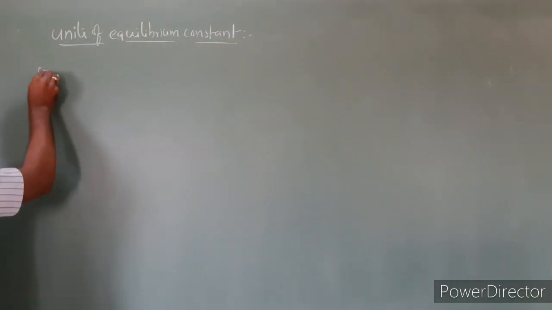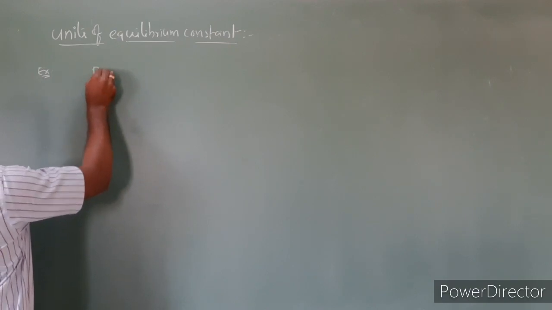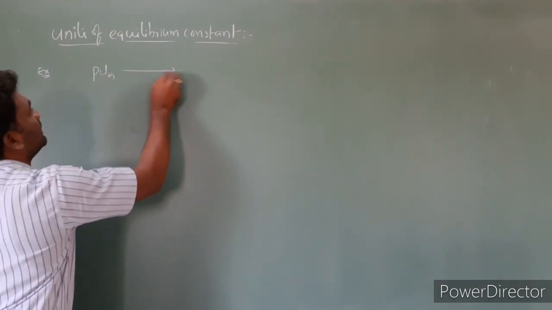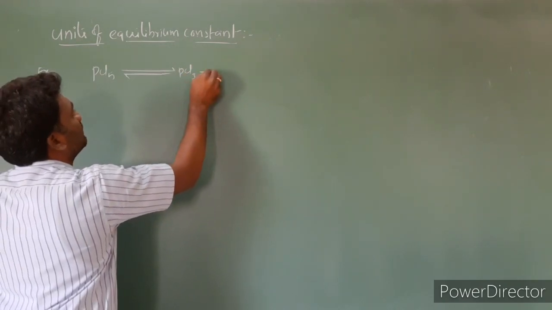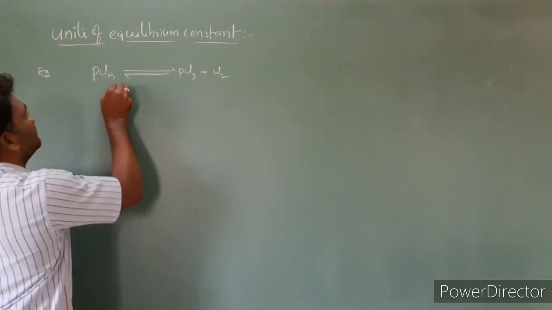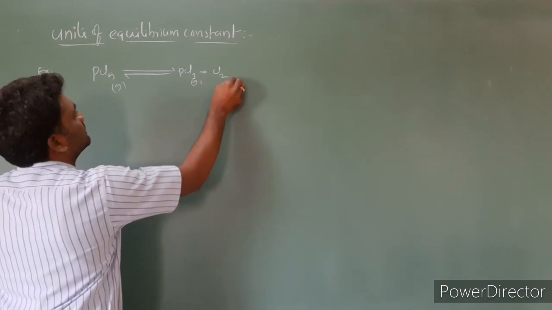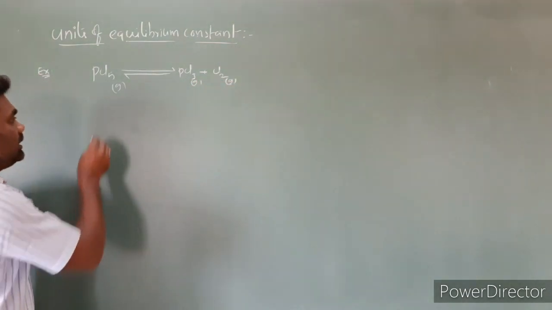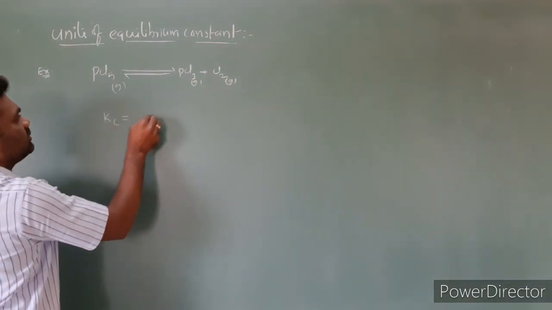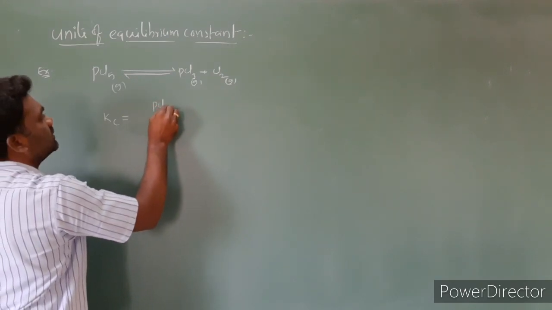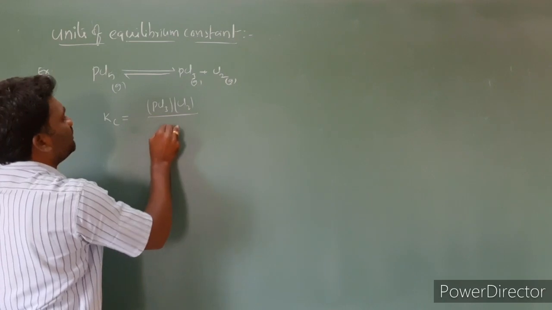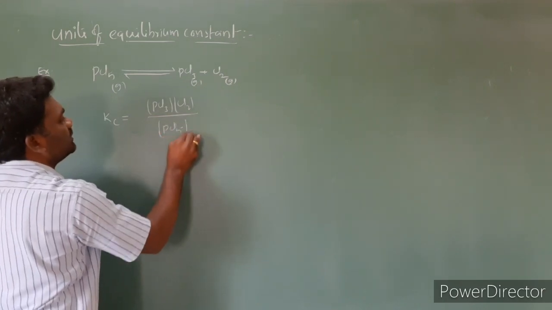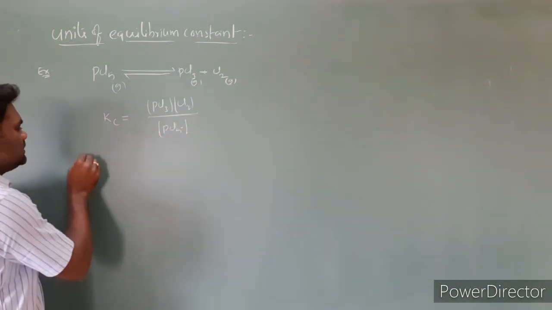Take example 1. PCl5 gives rise to PCl3 plus Cl2. All are gases. I am taking equilibrium constant Kc. Kc is equal to the concentrations of products, PCl3 concentration times Cl2 concentration, by PCl5 concentration, isn't it?